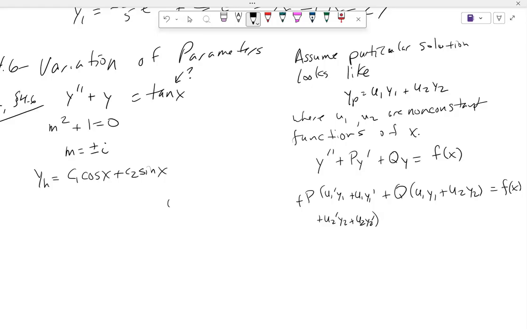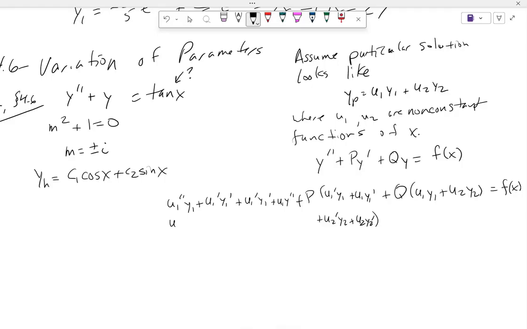So u1 double prime y1 plus u1 prime y1 prime plus u1 prime y1 prime. Goodness, lots of stuff. Plus u1 y1 double prime, that's just the second derivative of the y1.